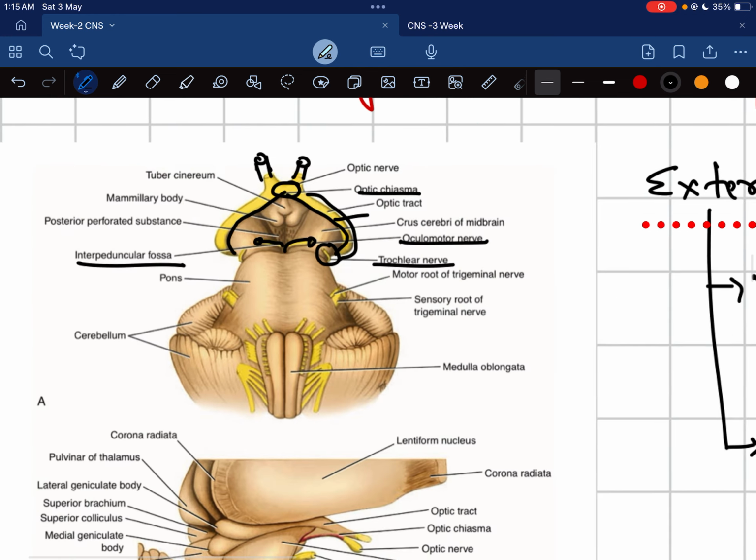We can look at this image. In this interpeduncular fossa there is some dotted material. This is known as the posterior perforating substance.